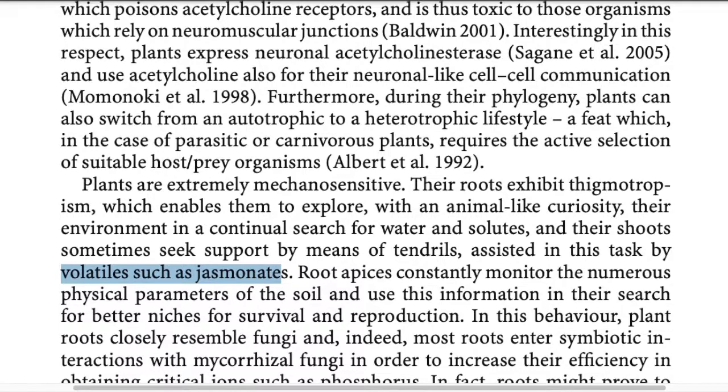Those things are incredible. Root apices. So this is plural of apex, I believe. Apices. How do you say it then, right? Root apices constantly monitor, so the tops, the root tops, or tips, I guess you call them.